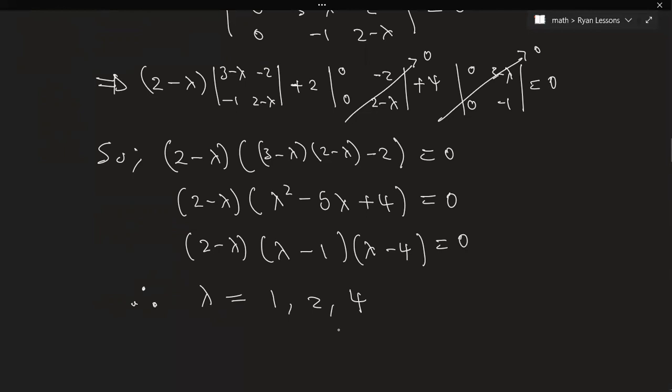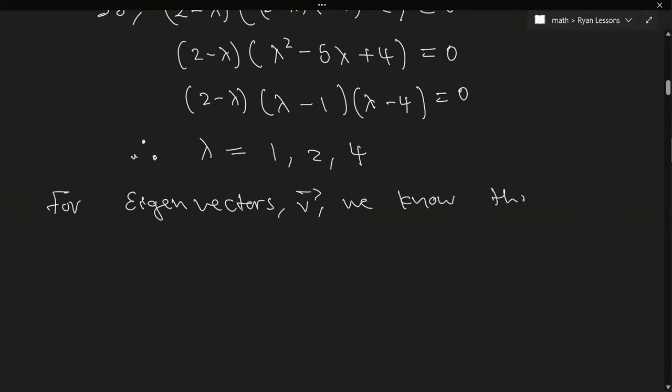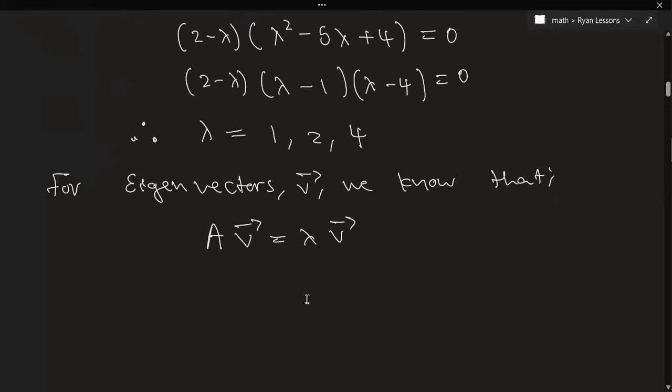Now we have to find, for these eigenvalues, the corresponding eigenvectors. How do we go about that? For eigenvectors V, if we have some eigenvector V, we know that A V must equal some lambda V. So let's try to find what these V are.